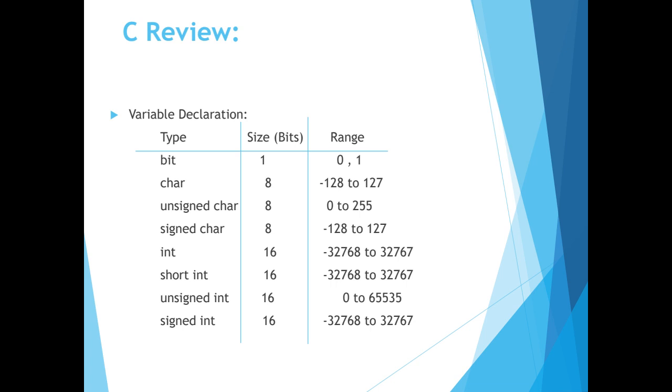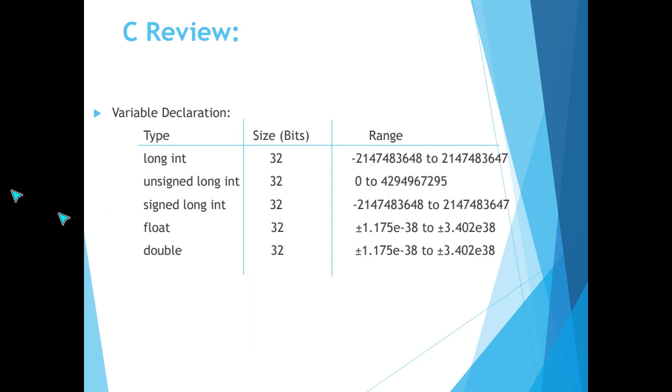If we want to declare a variable which is an integer number, at first we should use int, and there are different types of int: short int, unsigned int, and signed int. For example, if we want to use an integer number which is signed and 16 bits, and its range is in this range, we should use signed int. As you see, its range is here.